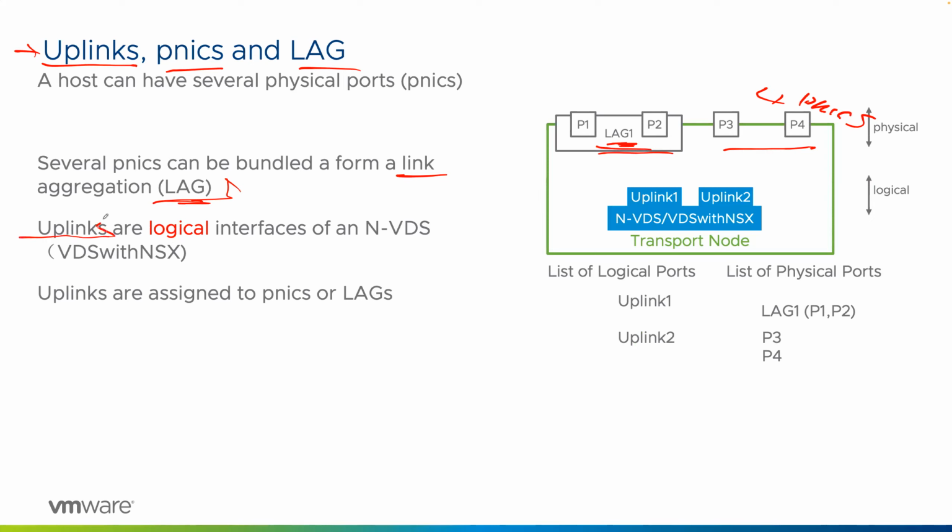So uplink, what is an uplink? Uplink is the logical interface of the NVDS or VDS with NSX. That means here there is a TN. We have an embedded NVDS or VDS with NSX virtual switch. So uplink 1 and uplink 2 are logical interfaces on this specific virtual switch.